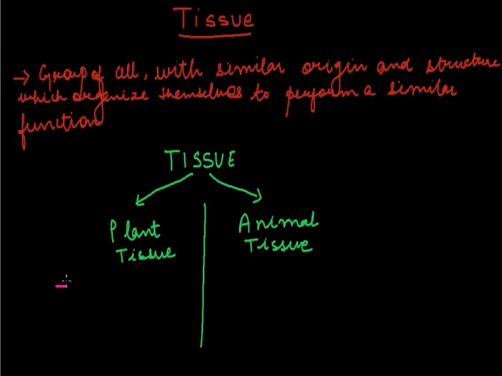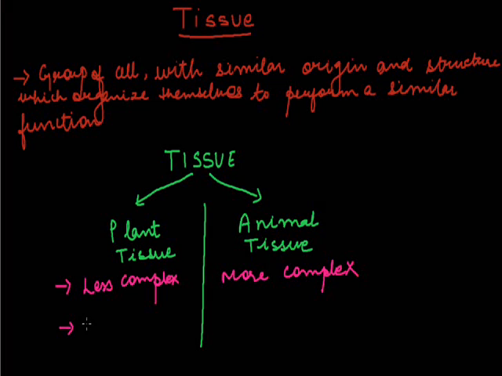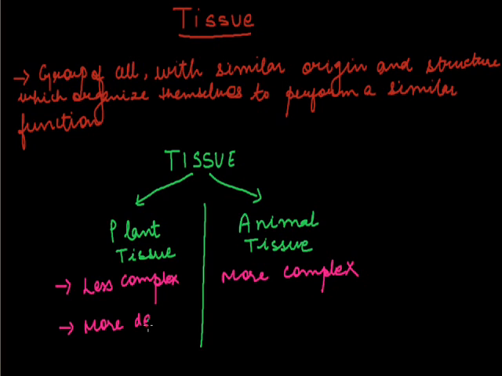The plant tissue as compared to the animal tissue is less complex and the animal tissue is more complex. Plant tissue comprises more dead cells, whereas animal tissue comprises living cells. Now, today what we'll discuss is animal tissue.